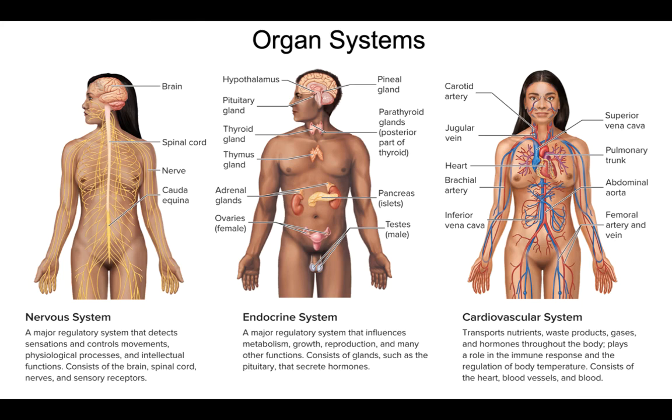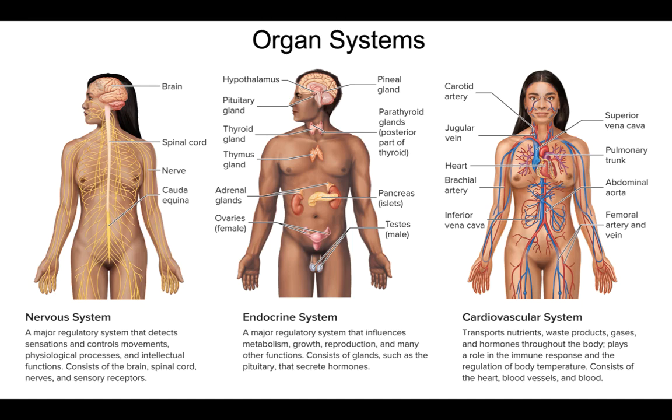So there's a lot of organs that produce hormones. So we learn the major organs, including the hypothalamus and pituitary gland and thyroid gland and parathyroid glands, and pancreas produces hormones, and adrenal glands, and ovaries and testes. You typically think of them as reproductive organs, but they also produce hormones.